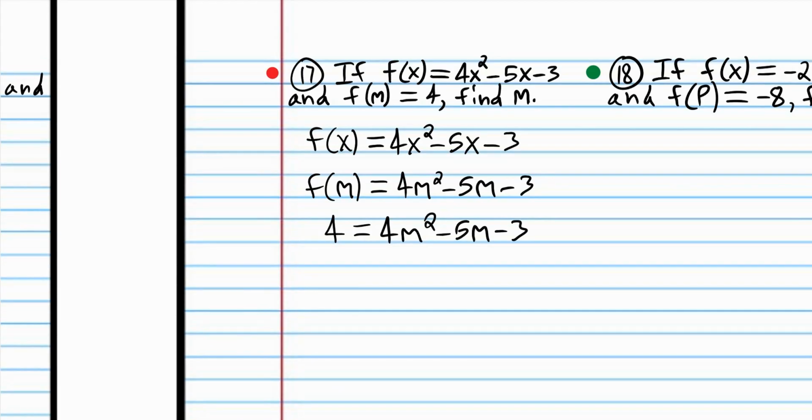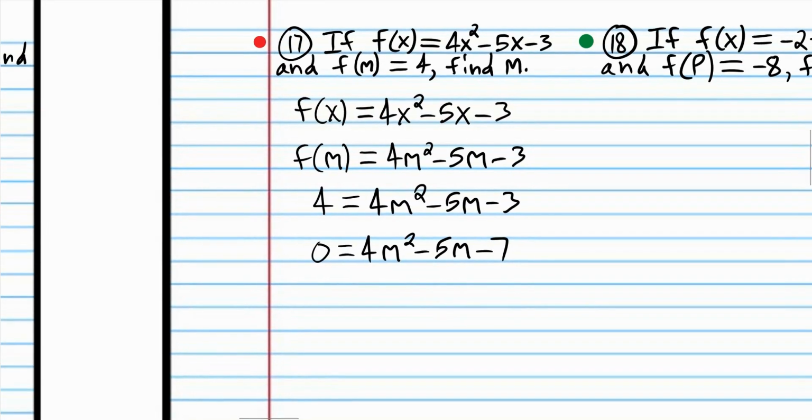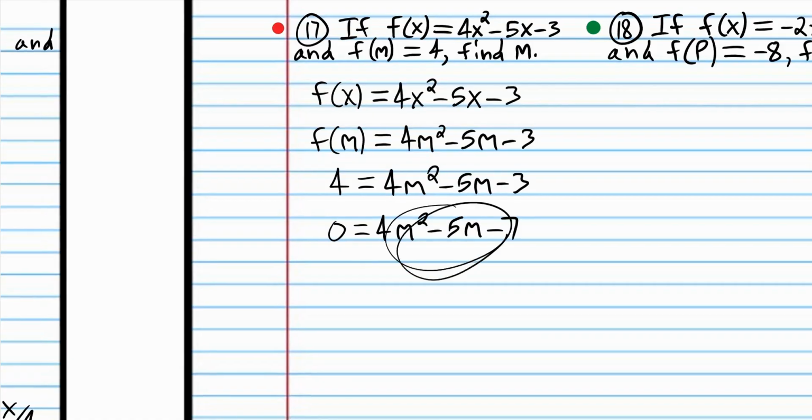And so now we have a quadratic equation, but we can't solve it unless we put it in standard form. So I'm going to subtract 4 from both sides of the equation. And now our quadratic is in standard form, but the problem is when we try to factor this, we'll find that we can't really do it very easily.